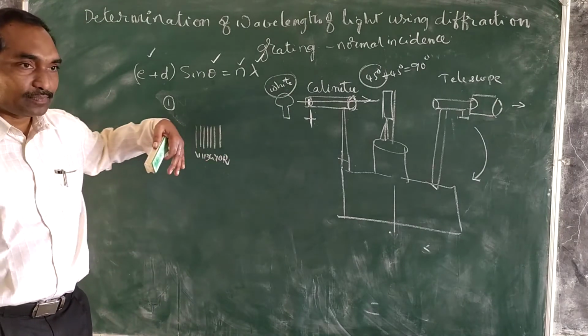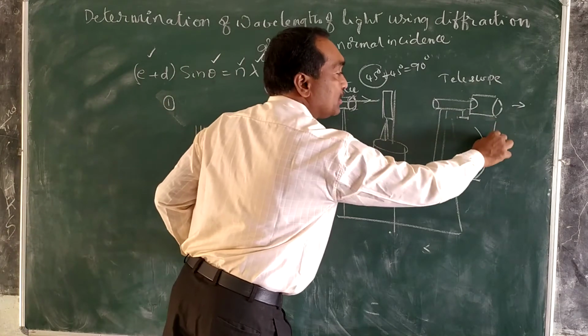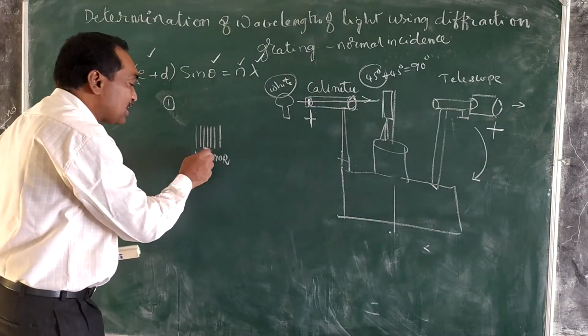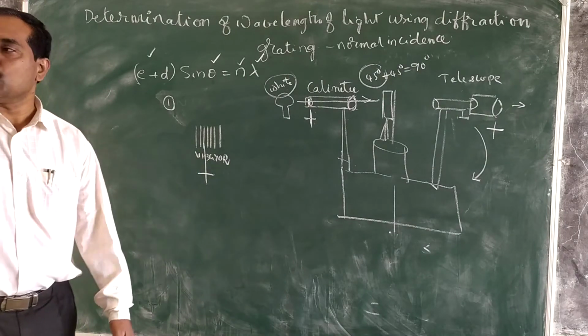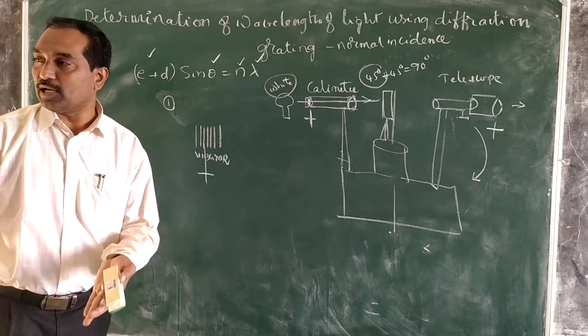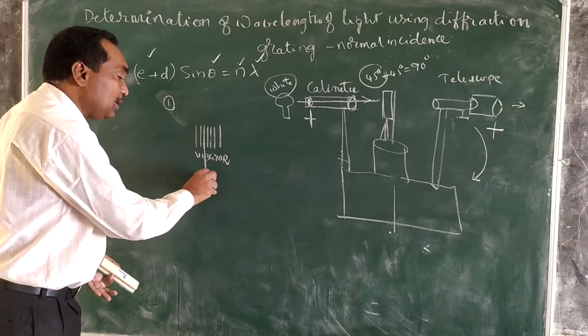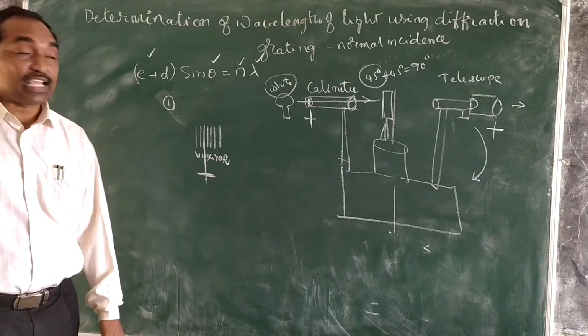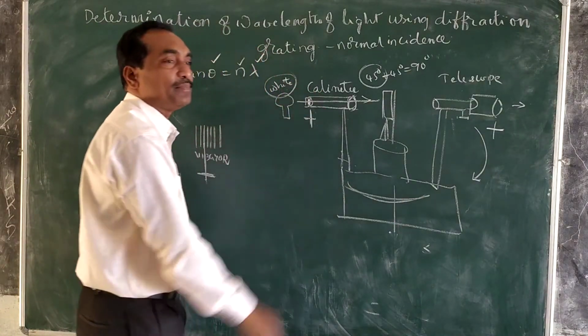at one side. Now we want to concentrate the slit in the telescope onto one of the rays, maybe blue, whatever it is. We want to calculate the wavelength of blue color. The crosswire will coincide with the blue color, and we take the reading on the circular scale of the prism table.